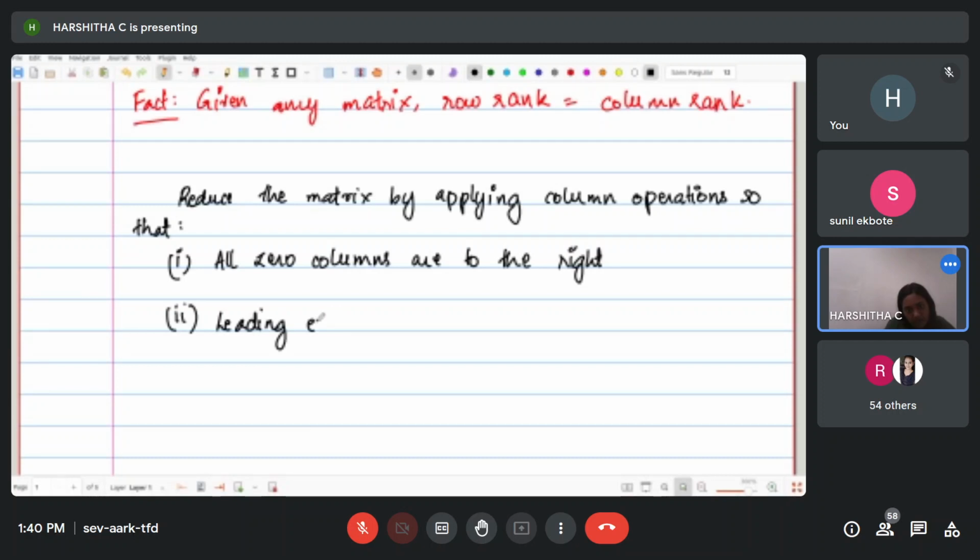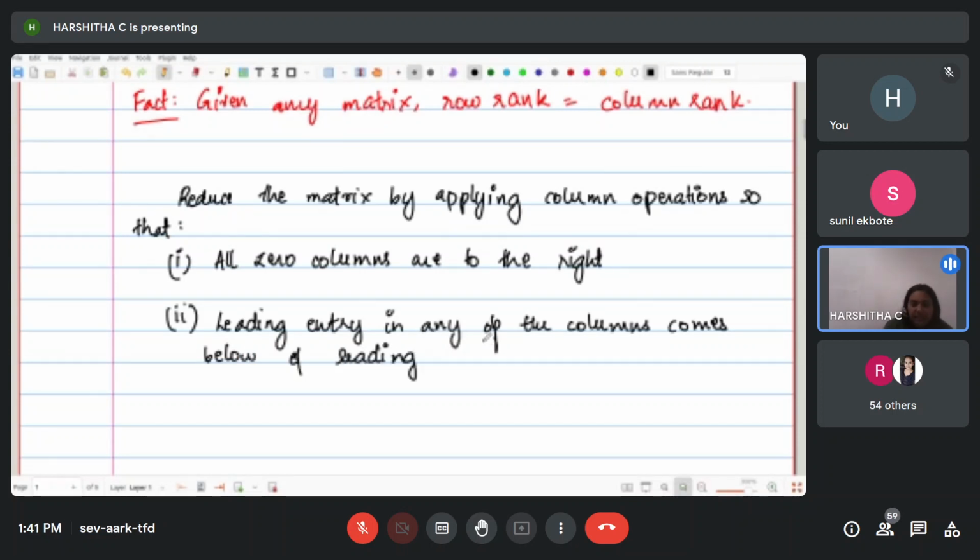comes below the leading entry in the previous columns.